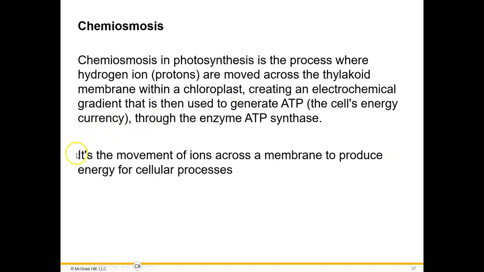Chemiosmosis is the movement of ions across a membrane to produce energy for cellular processes. So it's just kind of creating that flow. It's creating that movement of ions, and as a result, ADP is able to phosphorylate into ATP. And then we've made energy for our cellular processes.